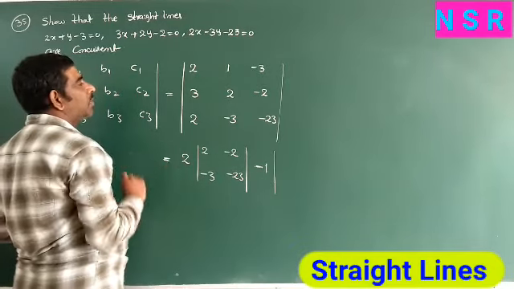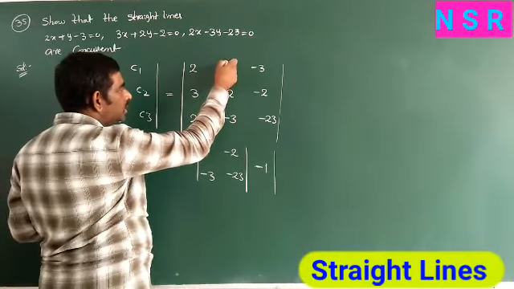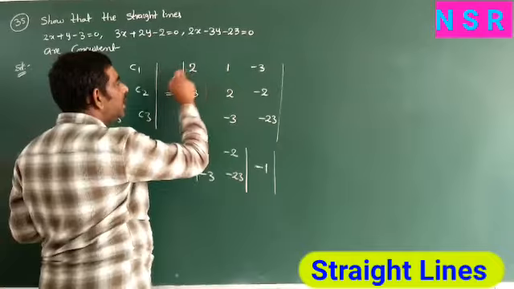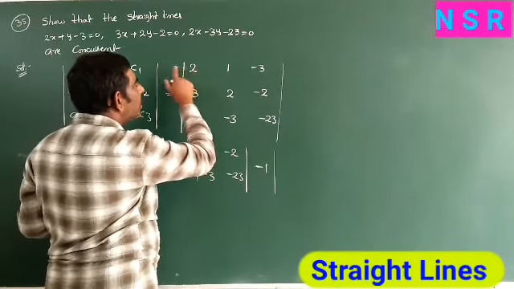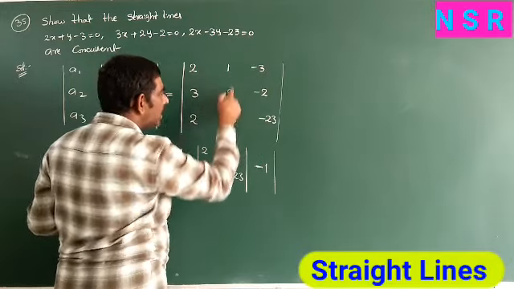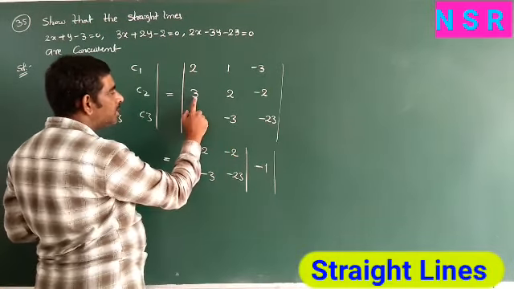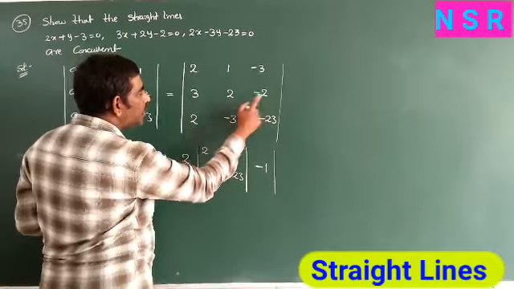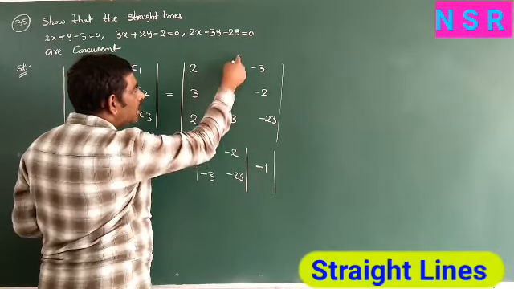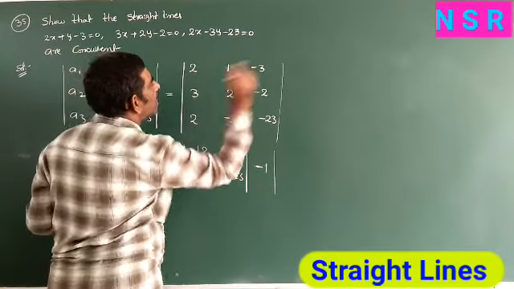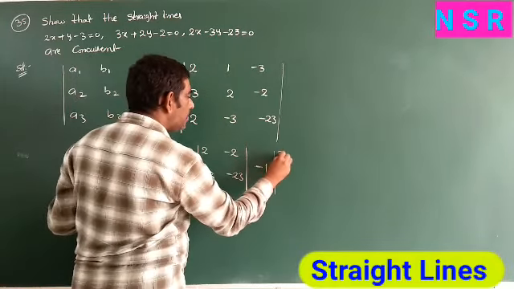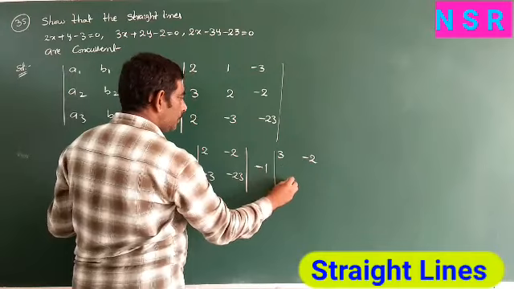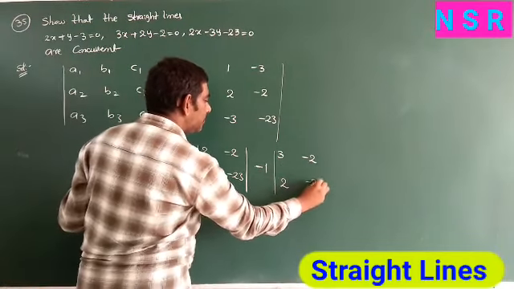So minus 1 into, again remove this element, it is present in the first row, second column. Remove that row and column, we again get 4 elements: 3, minus 2, 2, minus 23.